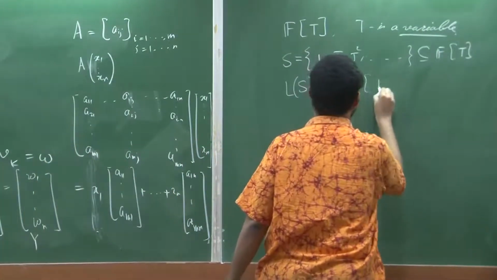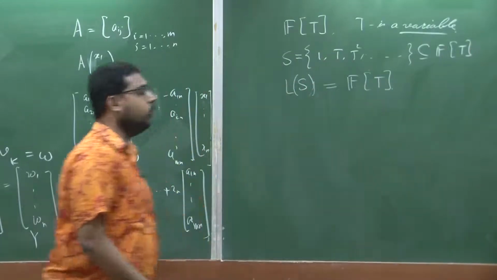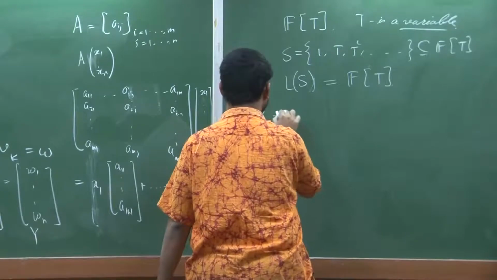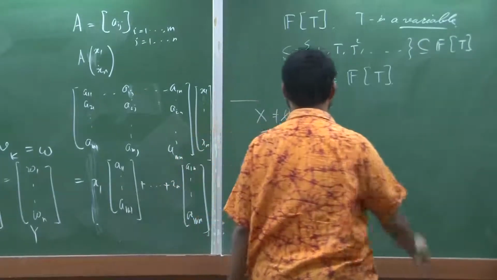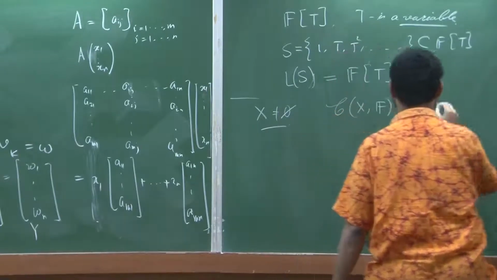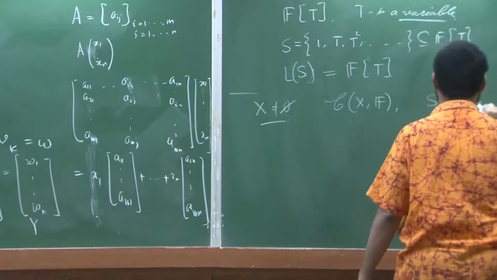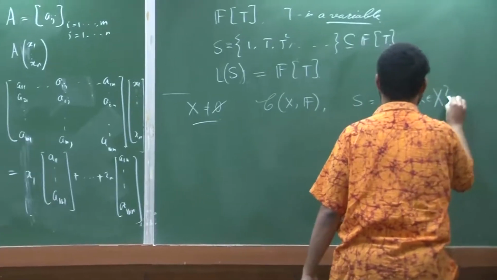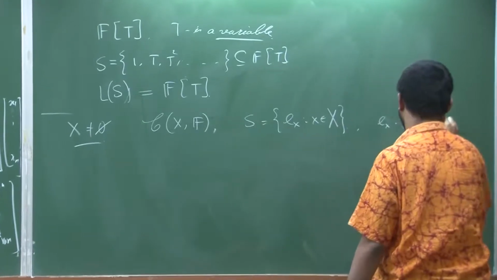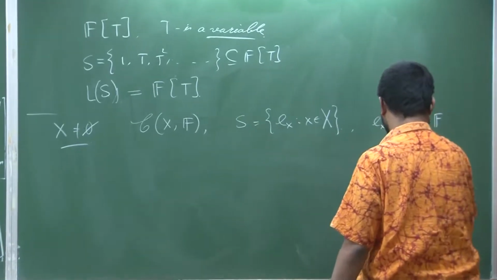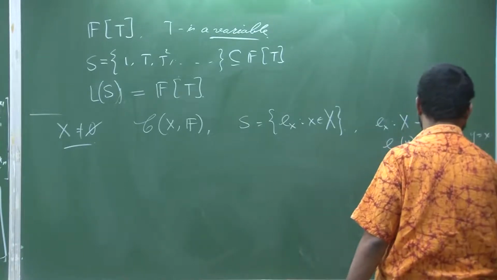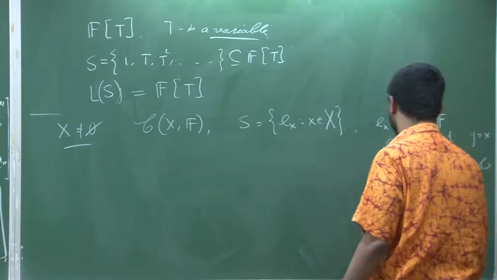And if you remember, we in fact viewed that from a much more general perspective, namely for any X not equal to empty, we consider the set of all functions from X to F. There we can consider the following set, namely the Ex, where Ex was the function from X to F so that Ex(y) is 1 if y equals x, 0 otherwise.